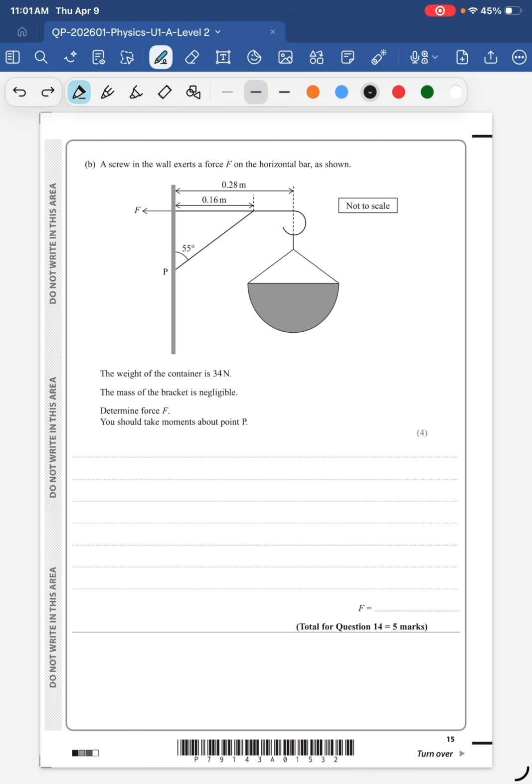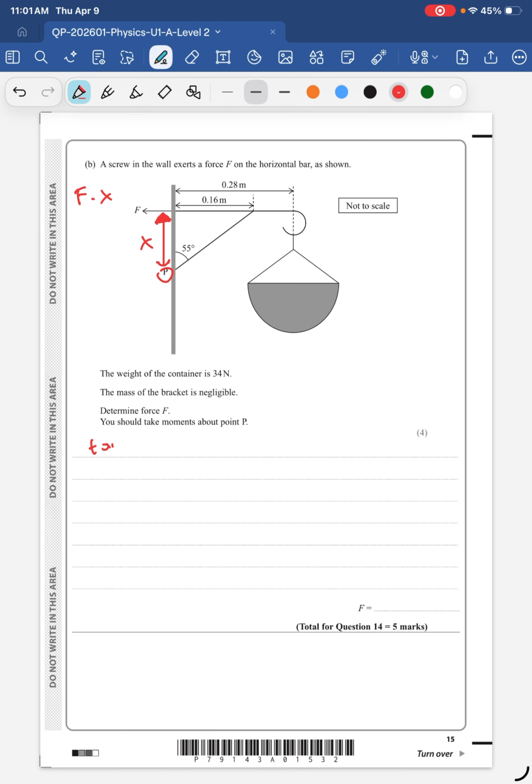So first of all, we will need to find this length over here. Let's call this X. We need to take the moment F times X about P, so we need to find X first.